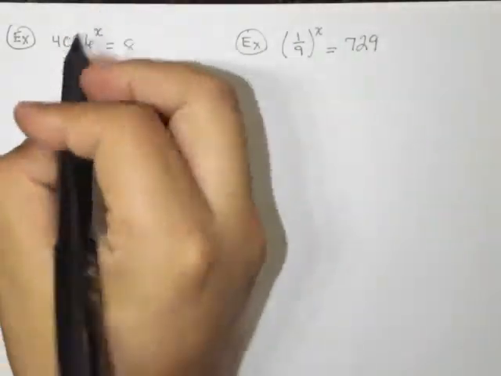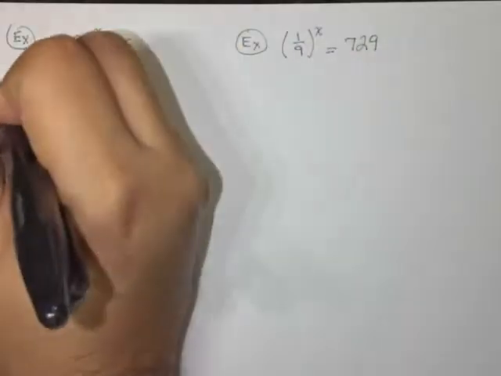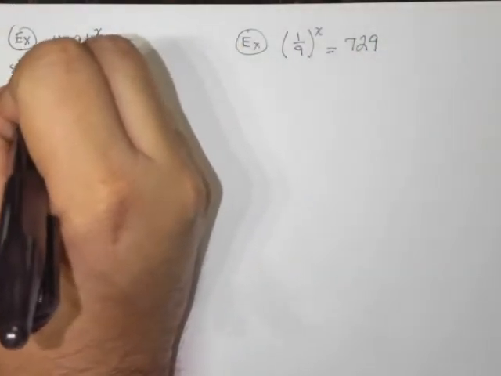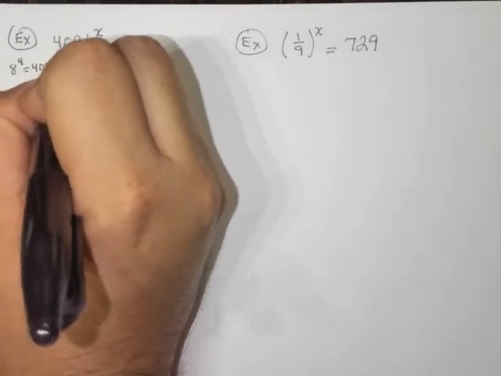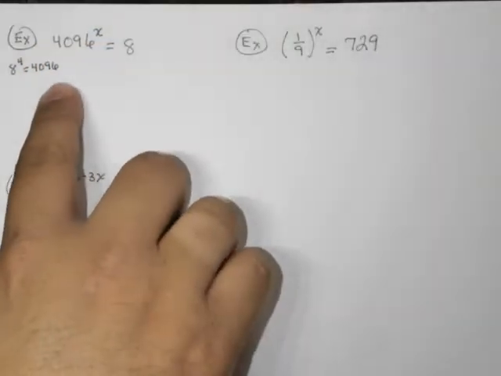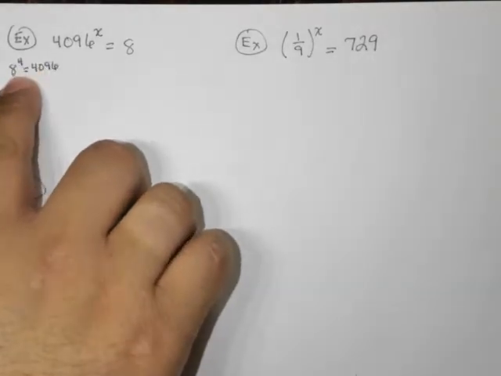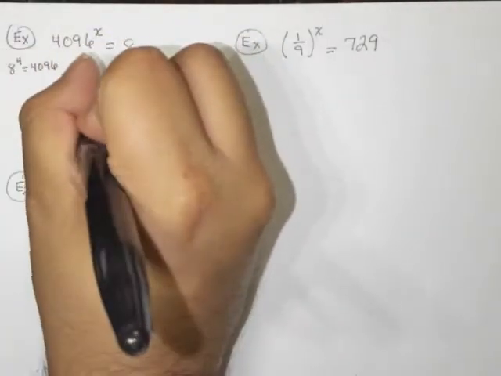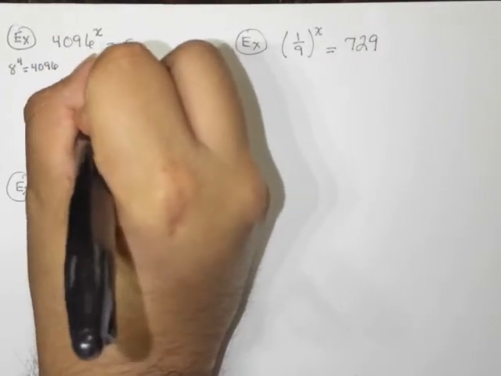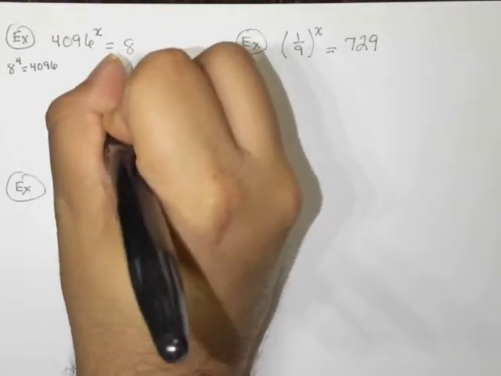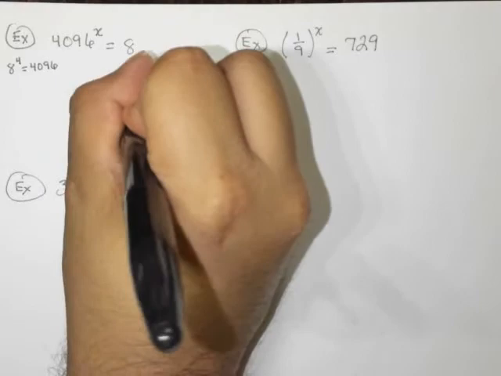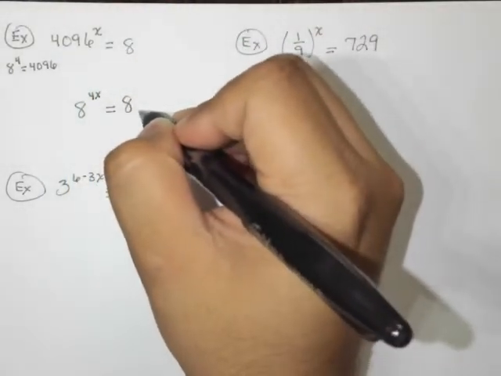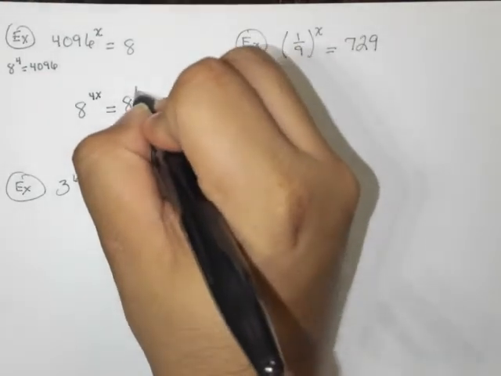Because actually, 8 to the fourth power is this 4096 that we need. So instead of writing 4096, we're going to write 8 to the fourth power, and then keep the x. So we say 8 to the fourth power, times x, equals just this number, 8. Well, this right here happens to be 8 to the first power.